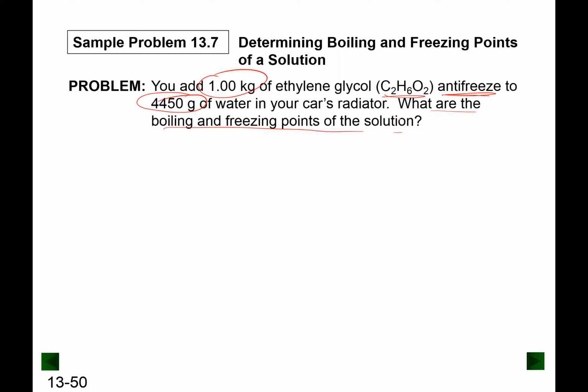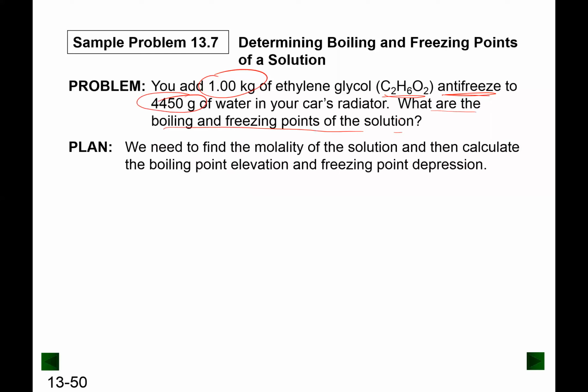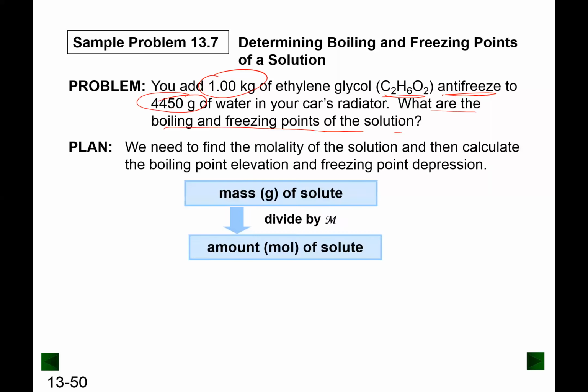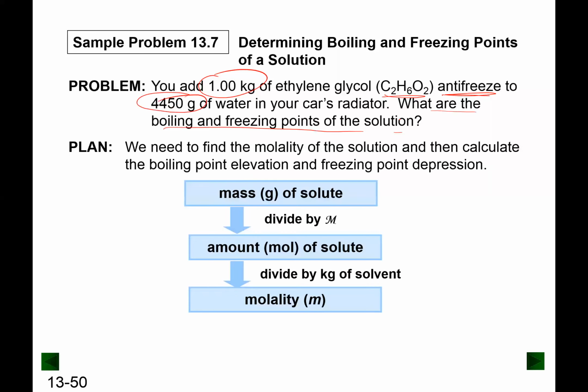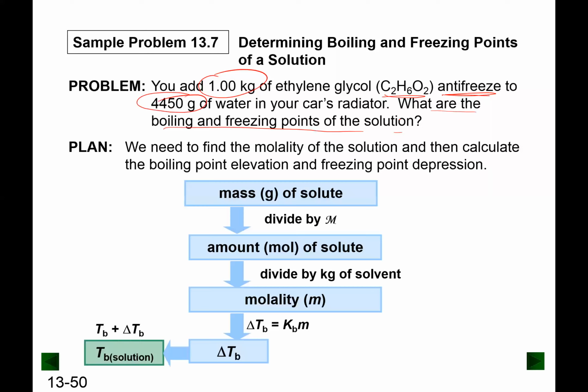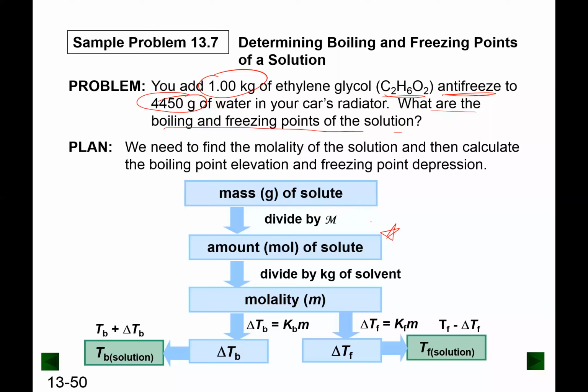And so again, we come up with a plan for this. We're going to find the molality of the solution. And from the molality, we're going to calculate the boiling point elevation and the freezing point depression. And so we start off here with our mass of solute. We're going to use our molecular weight. We're going to convert that into moles of solute, right? Because we need moles of solute.